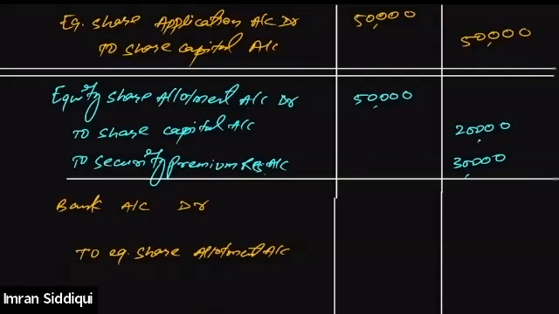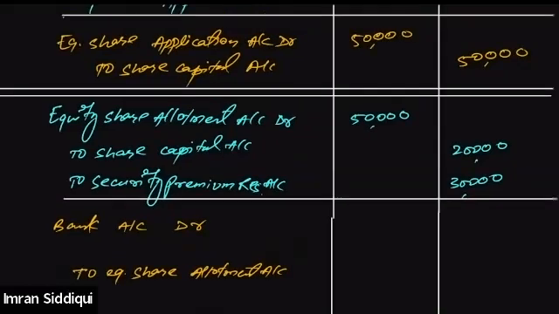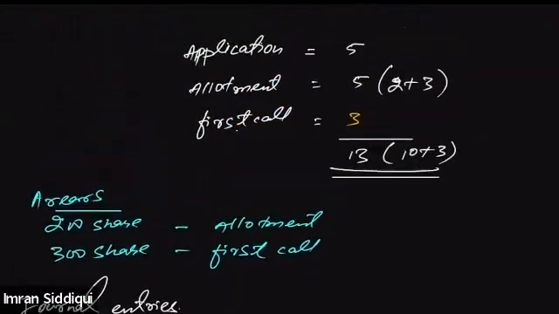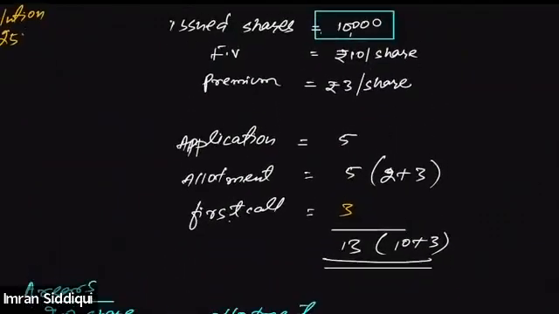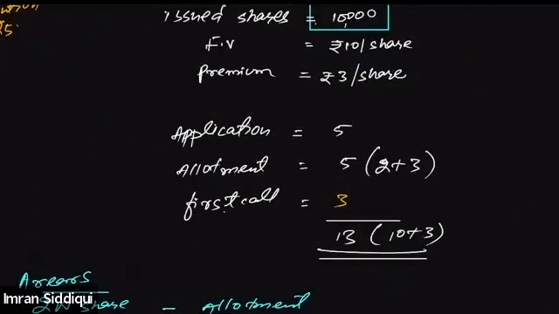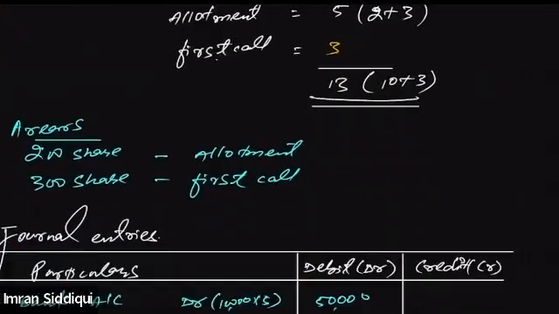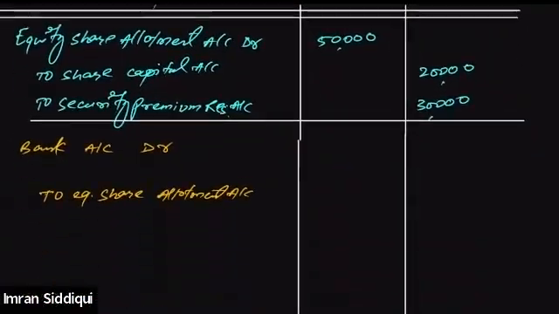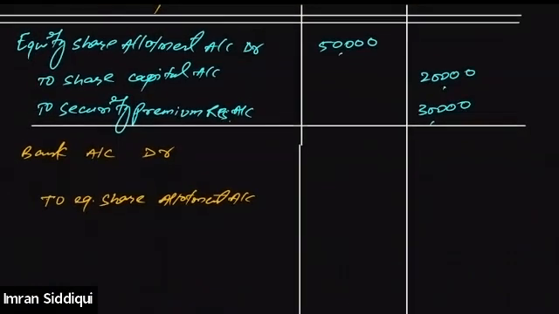How much will we be receiving on allotment? We will receive for all the shares excluding 200 shares. So on allotment we won't be receiving the amount for all 10,000 shares, only for 9,800 shares.